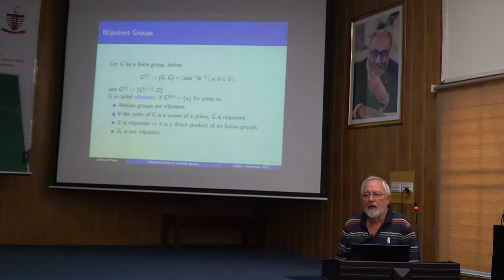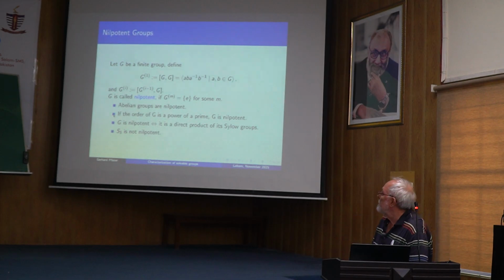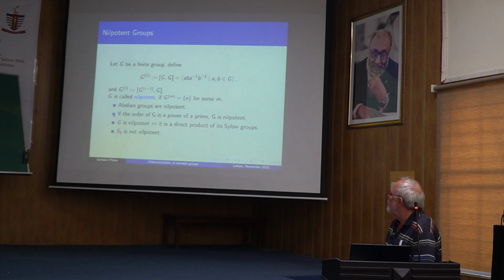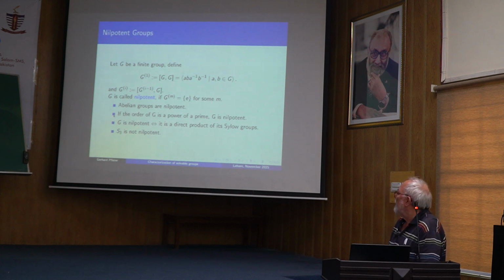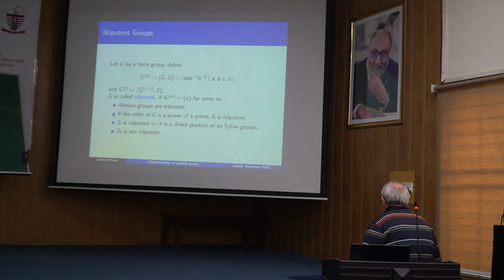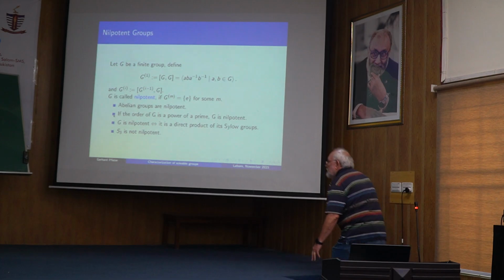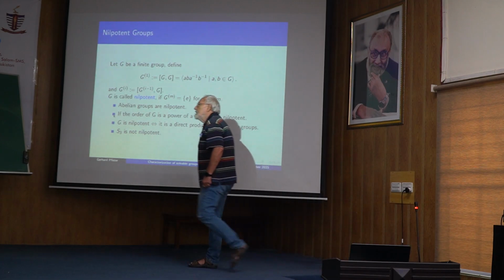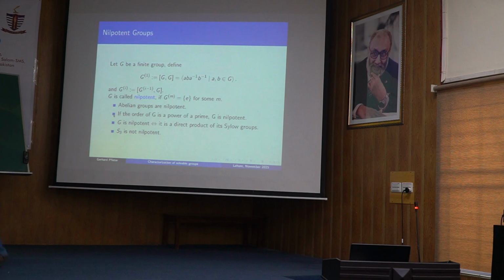So examples: of course, abelian groups are nilpotent. If the order of the group is a power of a prime, then it is nilpotent. G is nilpotent if it is a direct product of its Sylow groups. So maybe I should recall what a Sylow group is.